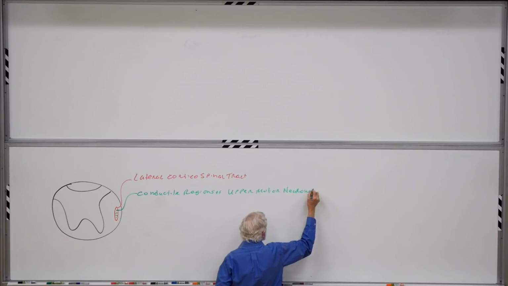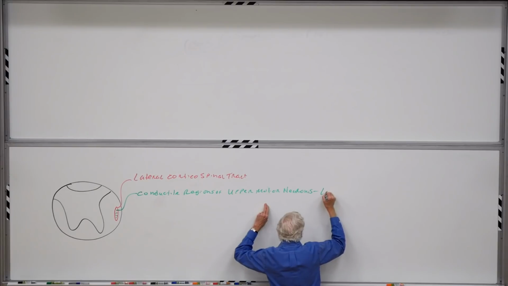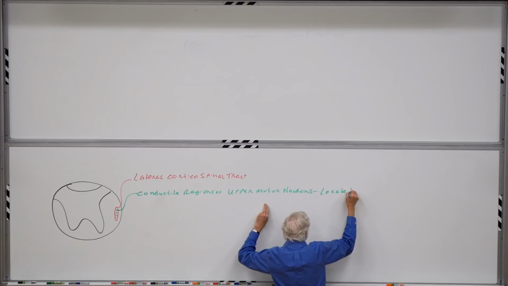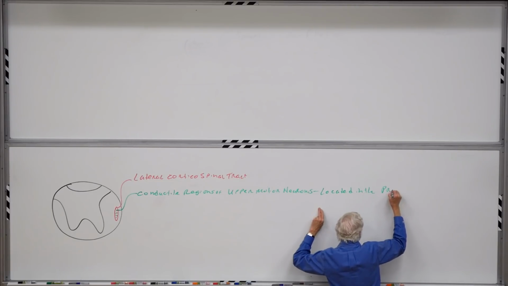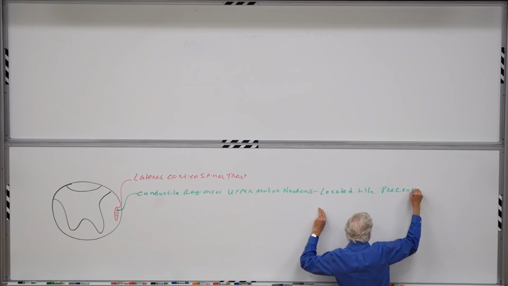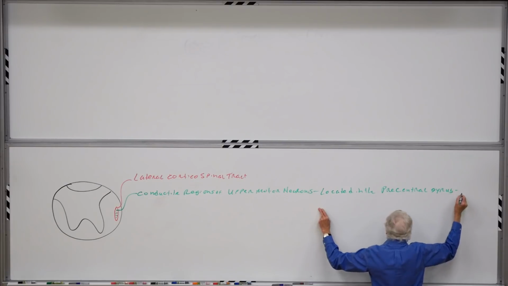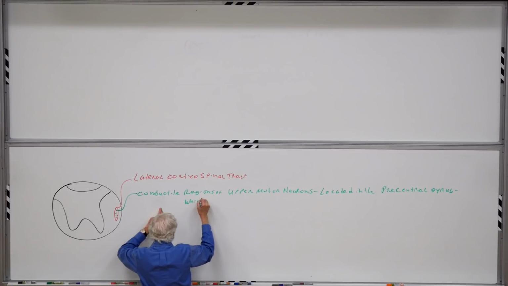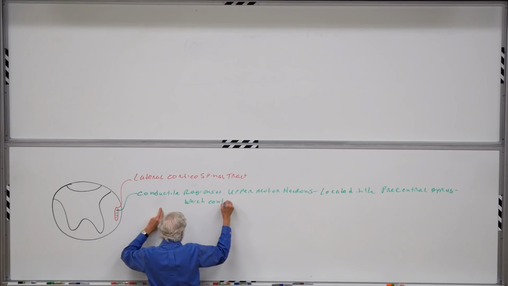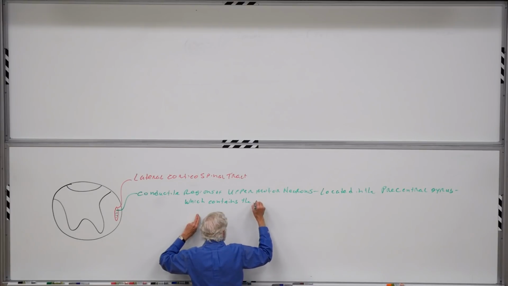And these upper motor neurons are located in the precentral gyrus. And the precentral gyrus contains the motor cortex.